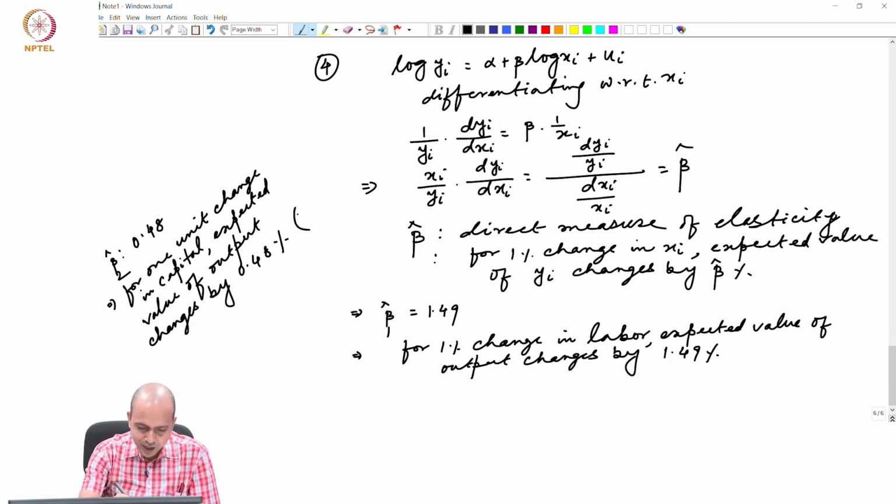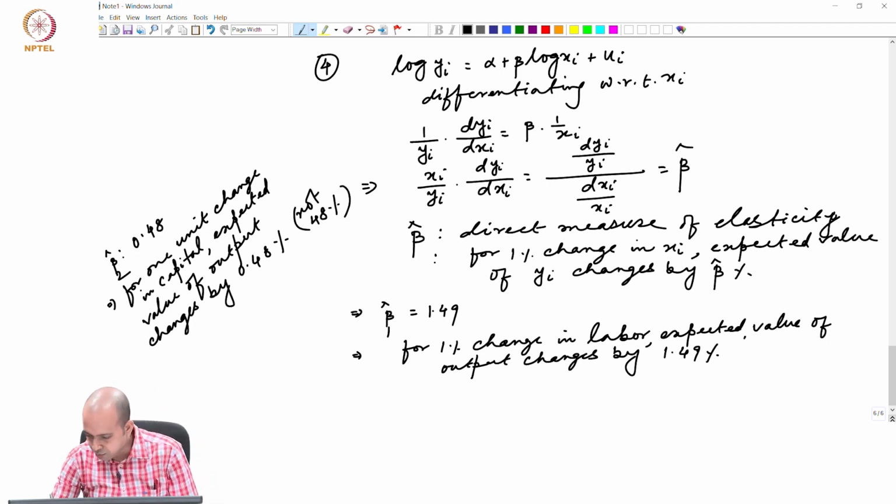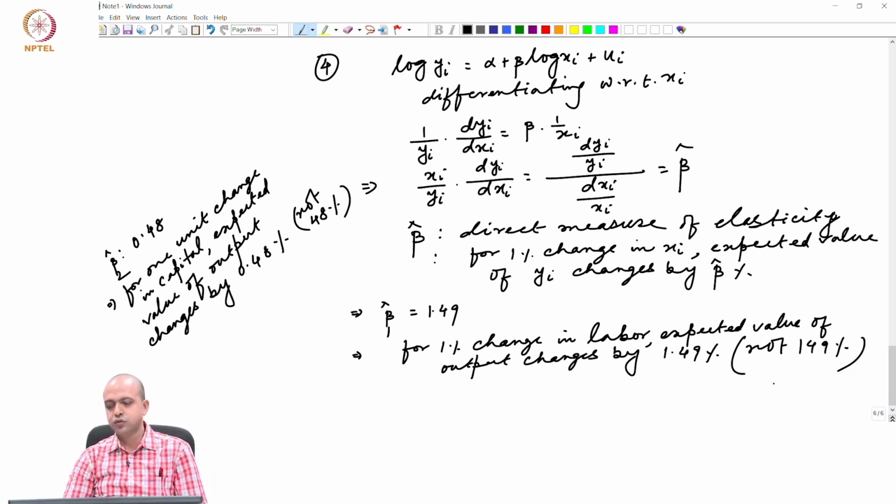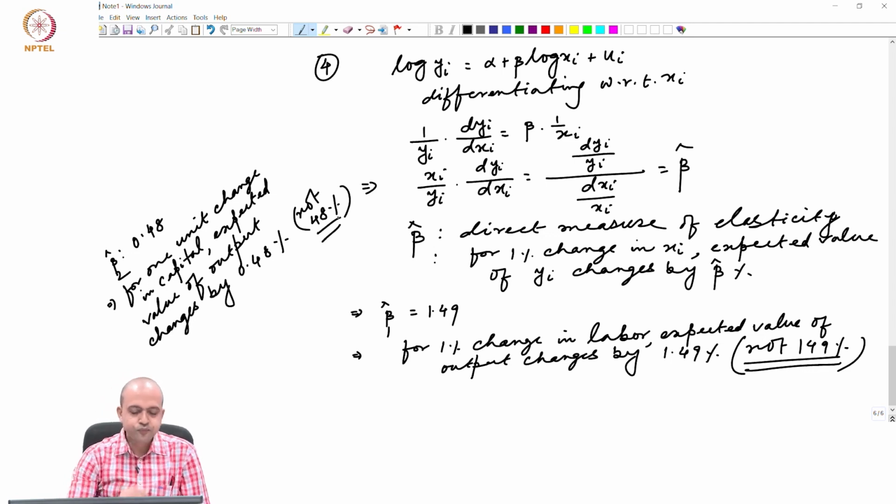So, in the bracket I am writing not 48%, do not commit this mistake. Here I am writing not 149%. So, you have to be very careful. It is a direct elasticity measure, no need of doing anything with this beta hat coefficient.